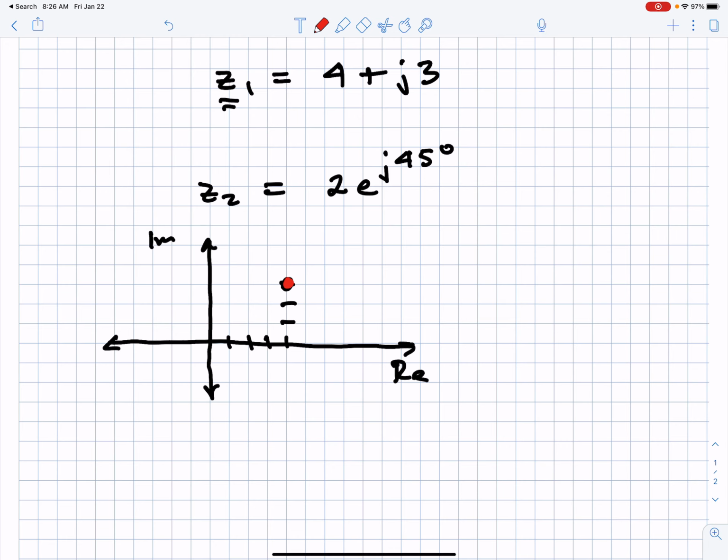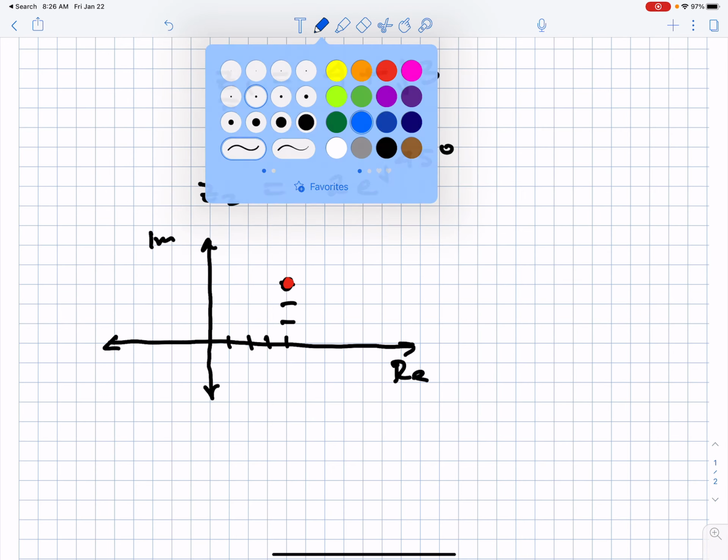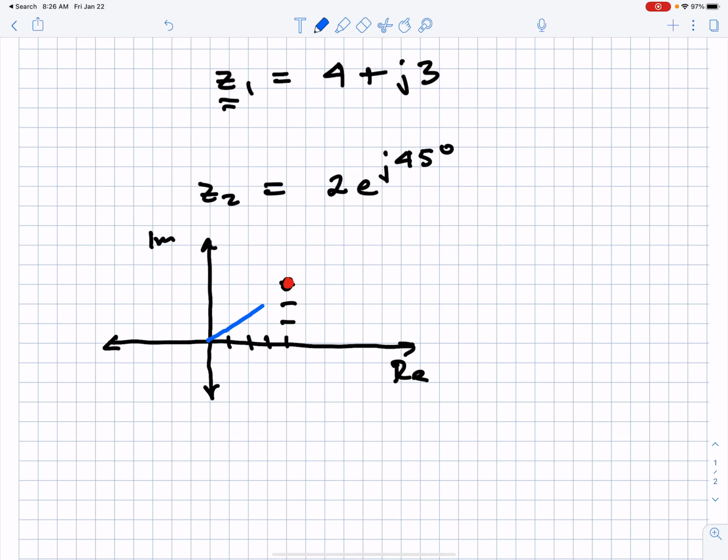Here's the point. I could also look at the length from the origin and call that a radius r, and I could measure an angle theta.